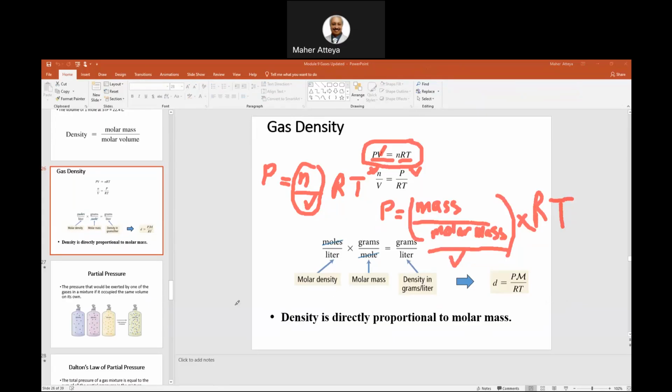So look at this formula here. I pull molar mass to the bottom, and pull RT to the bottom.